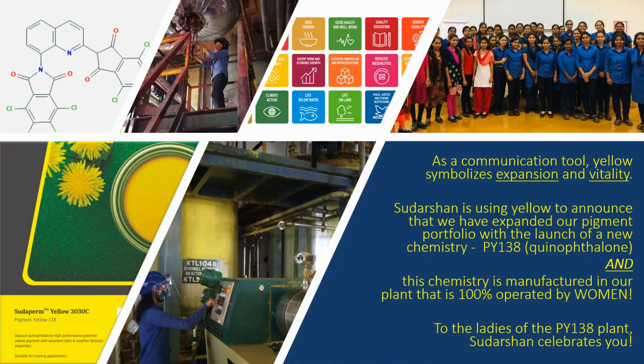So we are extremely proud of the ladies of the Pigment Yellow 138 plant, and we love to celebrate them. And next month we will continue to celebrate them because it's International Women's Day next month on March 8th. So we will continue to celebrate this accomplishment for us.